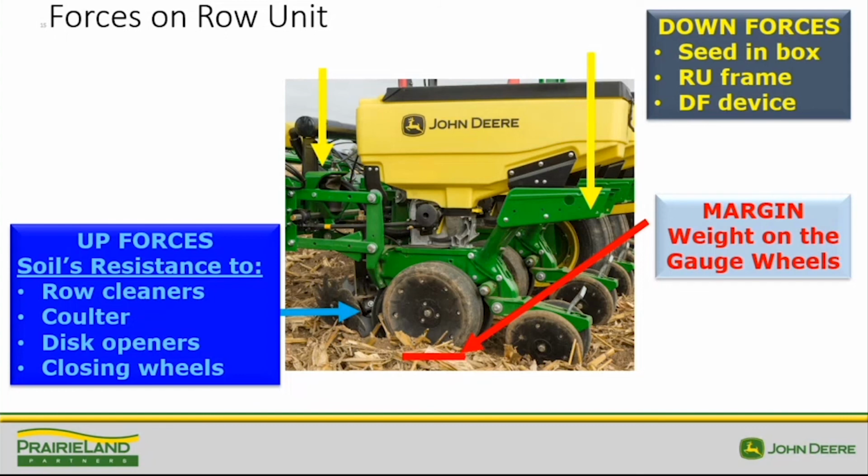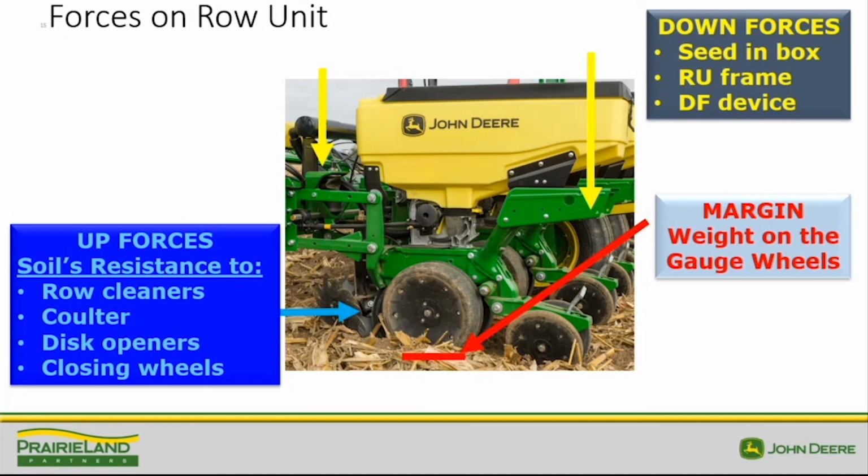That's good. Upforces are what we have to counteract. So the soil's resistance to row cleaners, coulters, the double disc openers, and the closing wheels, those are the things we're trying to push downward against with more downforce than the upforce. And that's what we call margin, is weight on the gauge wheels.